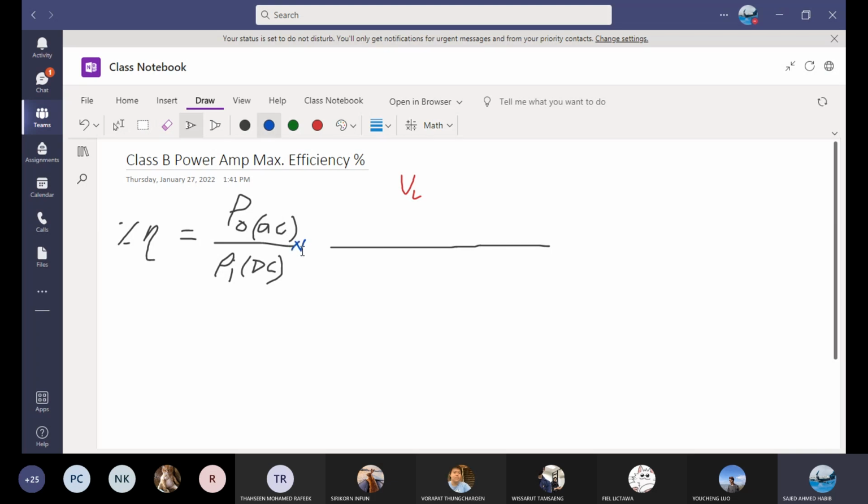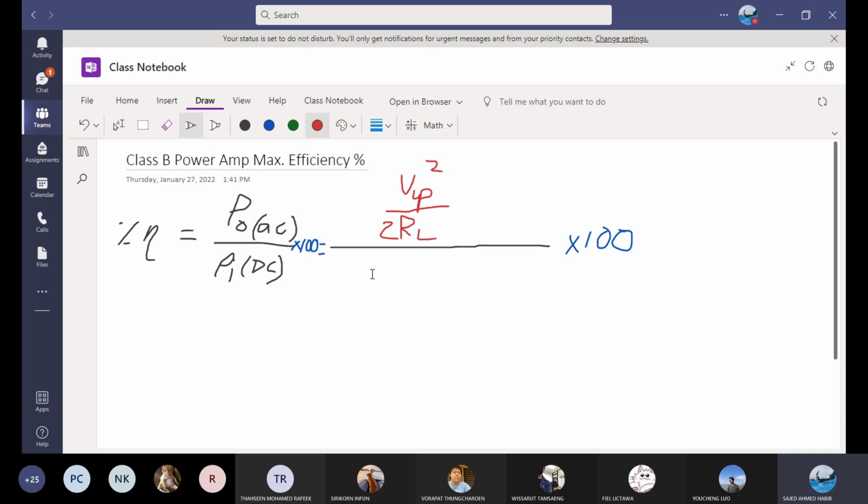This equation has to be multiplied by 100. So equals this. And then we have the peak load voltage squared over 2 times RL. I hope that is correct.